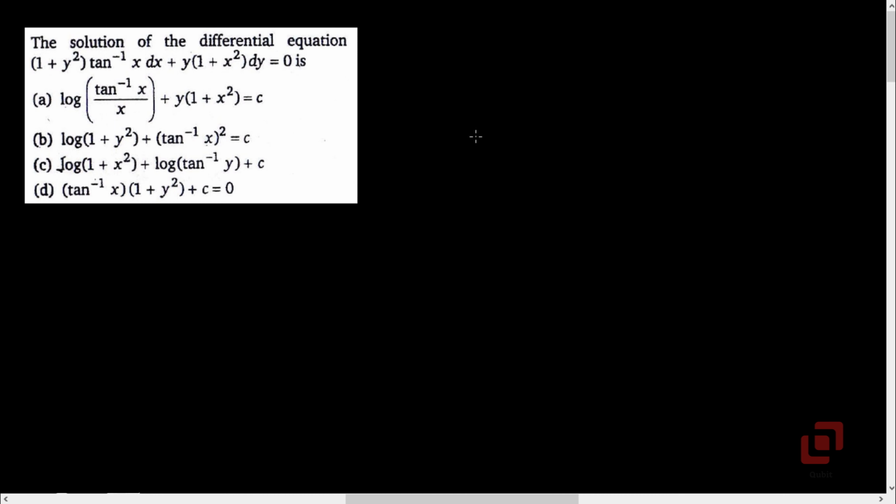To begin with, let us write down the given differential equation, which is 1 plus y squared tan inverse of x dx equal to minus y into 1 plus x squared dy.